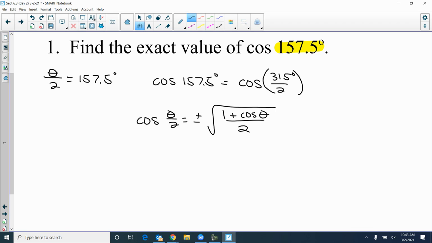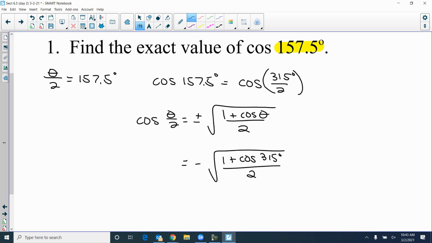Just make sure you use the 157.5 degrees to tell whether it's positive or negative, not the 315. So whatever we're taking the cosine of, that'll tell you whether it's positive or negative. In this case, it's going to be negative, like he said. So it's going to be negative square root of 1 plus cosine of 315 divided by 2.